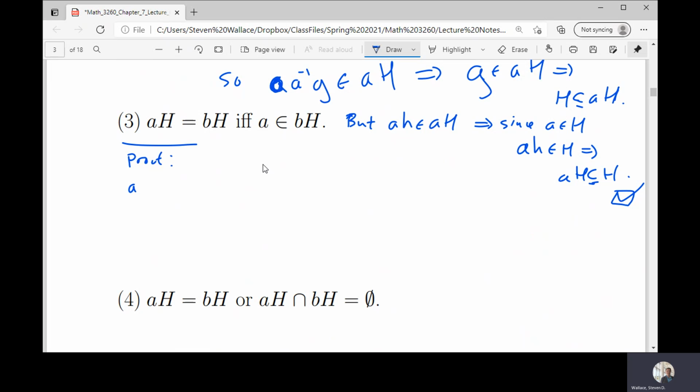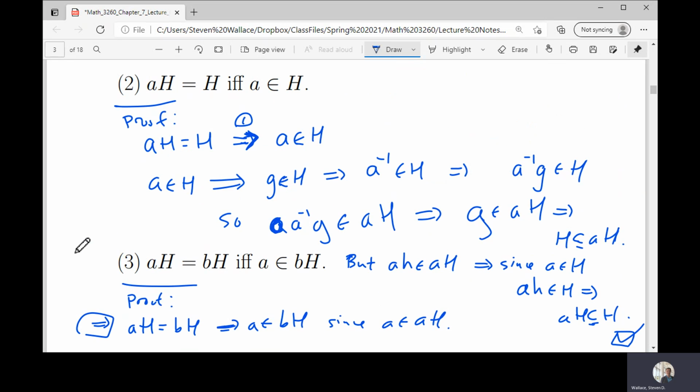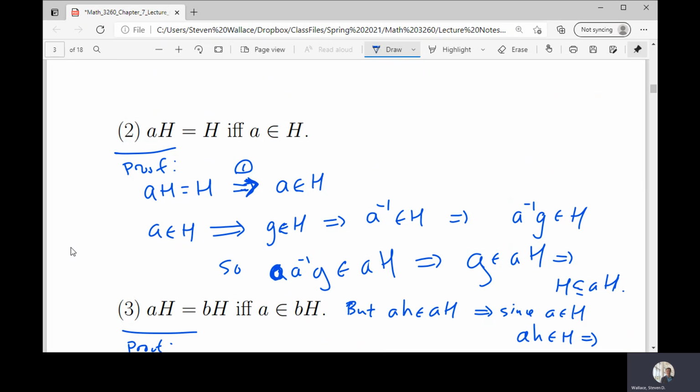So first of all, the first direction is very simple, right? So this way is easy. And maybe I should have done this up here.